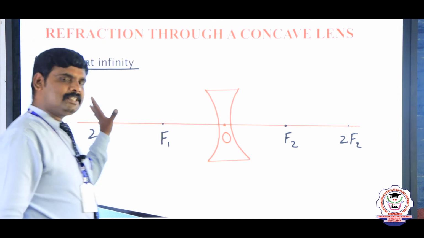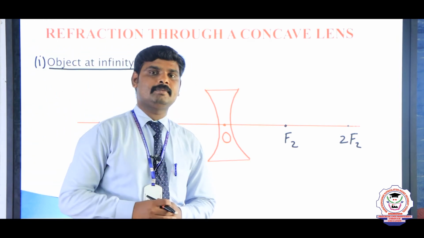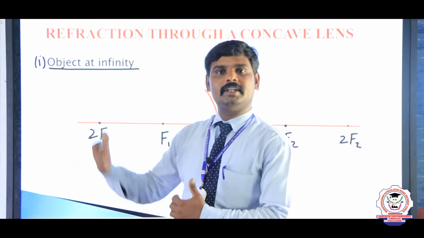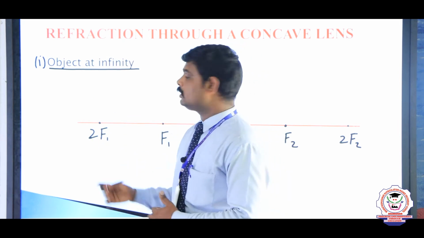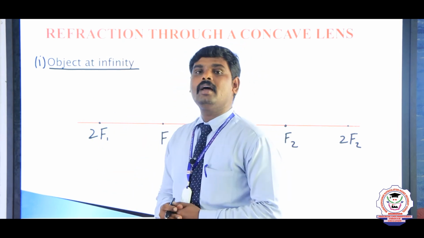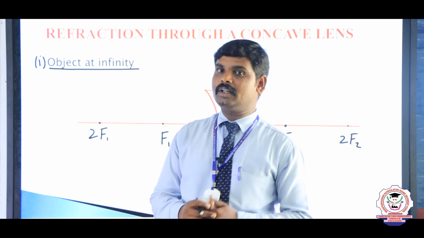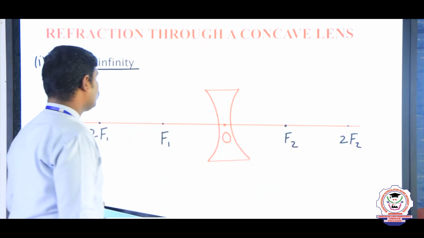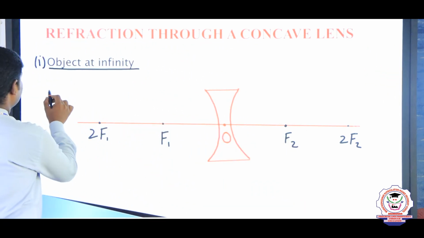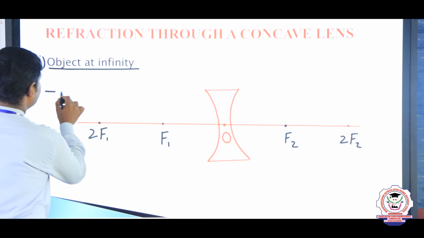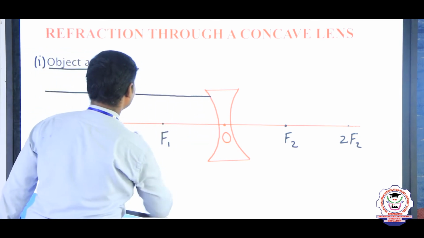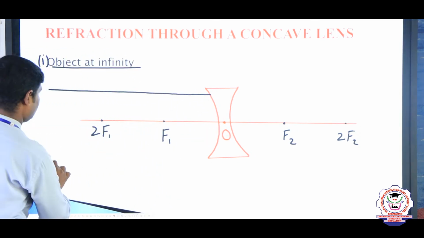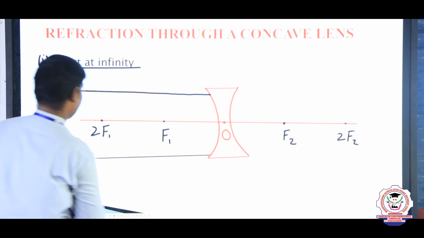If the object is placed at infinity, the light coming from that object is parallel to the principal axis, parallel to that line, right. Now, the incident light coming from that object is a parallel line. These are incident lights.